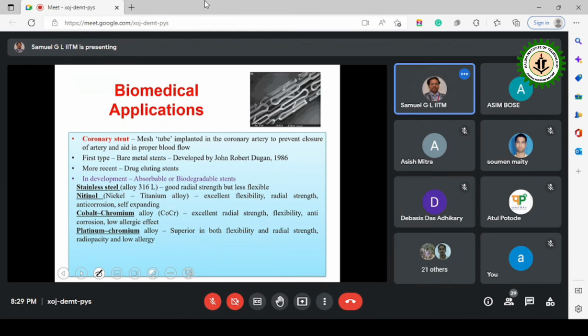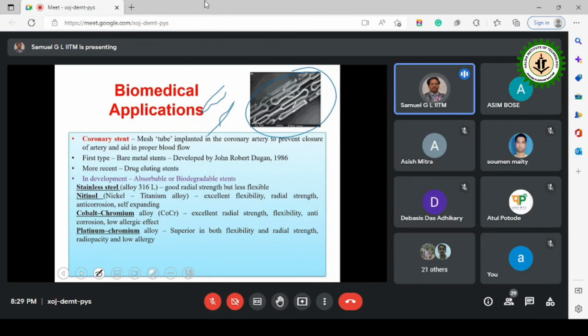And another interesting area where lasers are being used is biomedical applications. Usually I think you would have heard about what are called stents. In the heart, they put these stents. So here you can see, when they are sending these stents into the arteries or into the part where there is a blockage, think that there is a blockage, something like this.